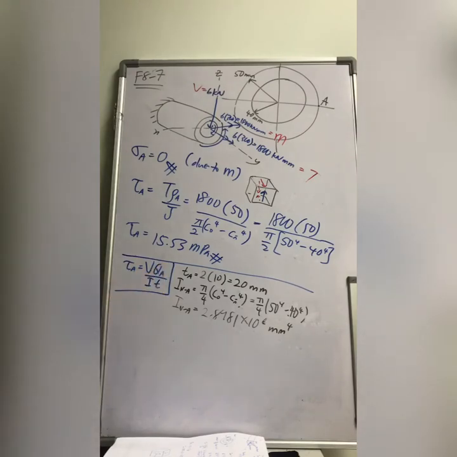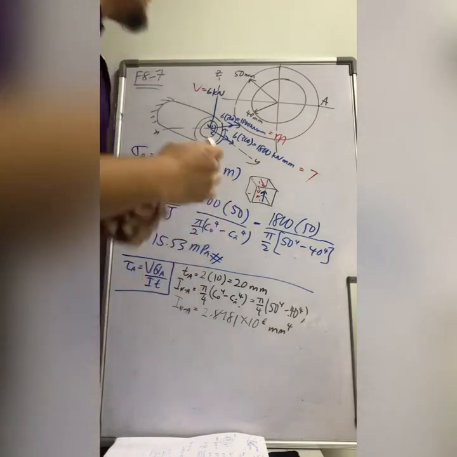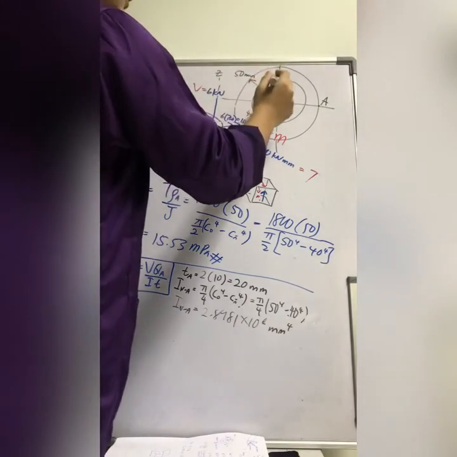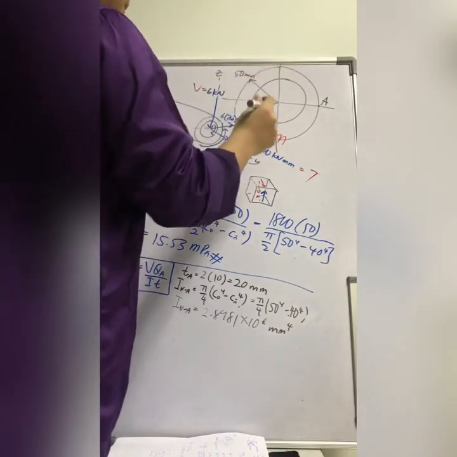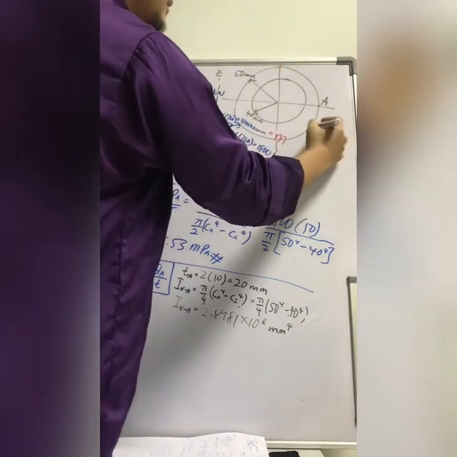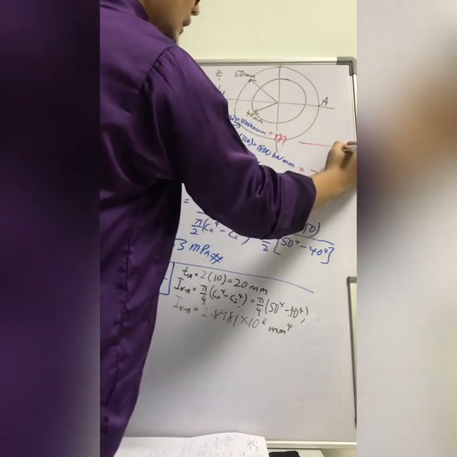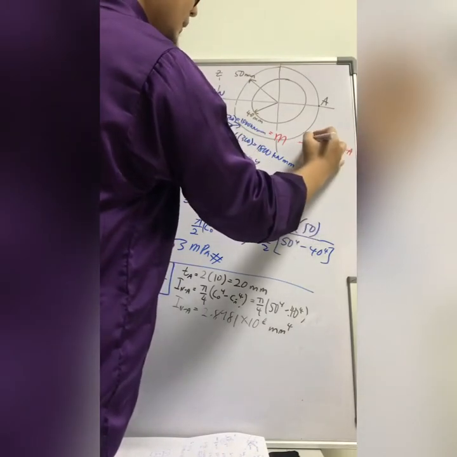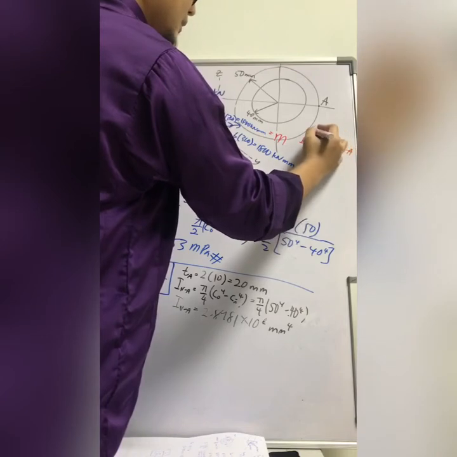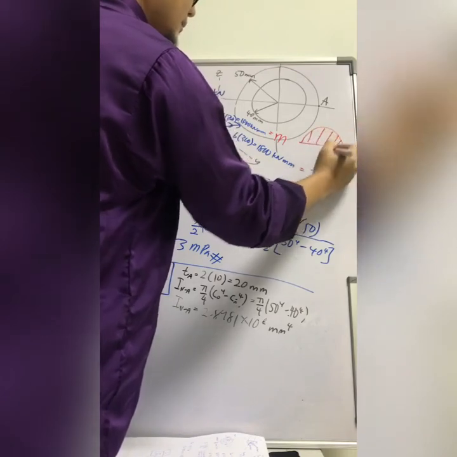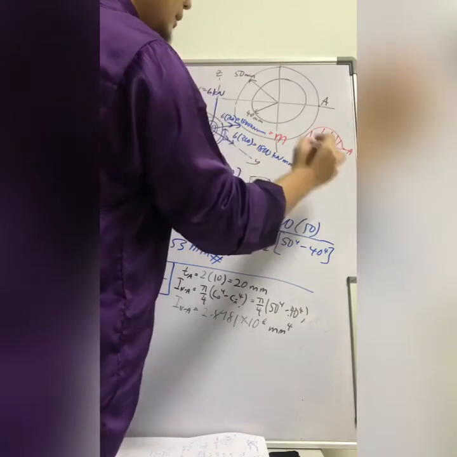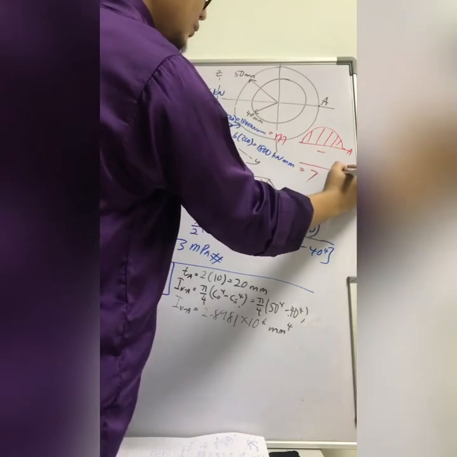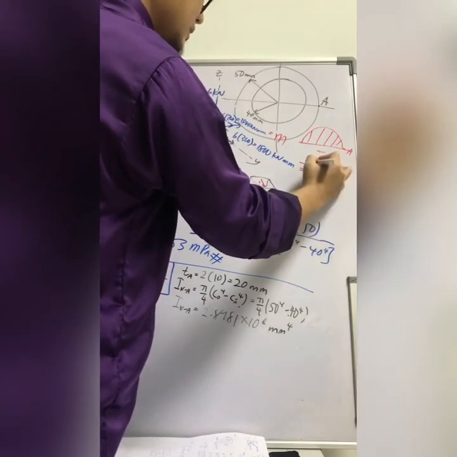This Q is quite tricky actually, but we will do it, no problem. So for our Q, the first thing that you need to understand is, as the point A is here, the first Q is this. And then you need to subtract the second Q, which is this.